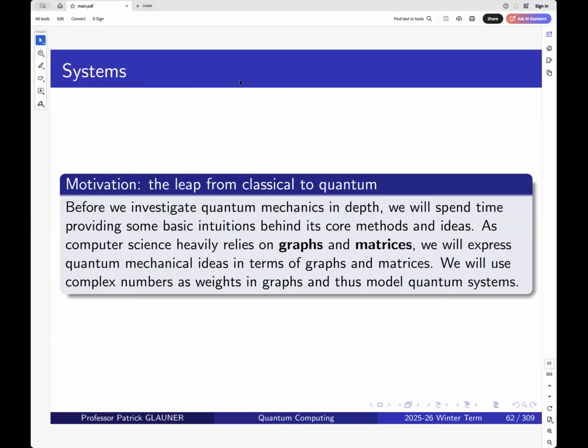But I use the course book I have mentioned a few times, Quantum Computing for Computer Scientists, and that book uses a different approach to study these concepts. We will discuss them in terms of graphs and matrices. So we'll have a graph, which we can also represent as a matrix, and discuss all of this step by step.